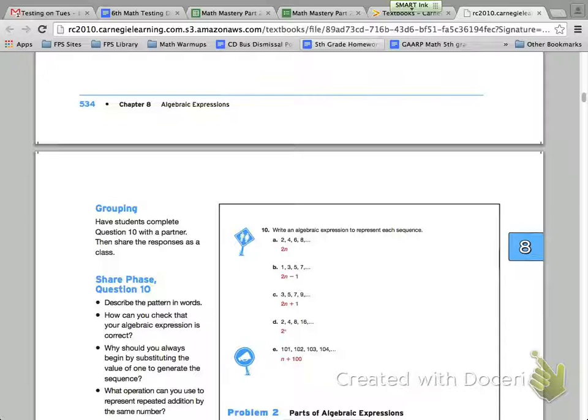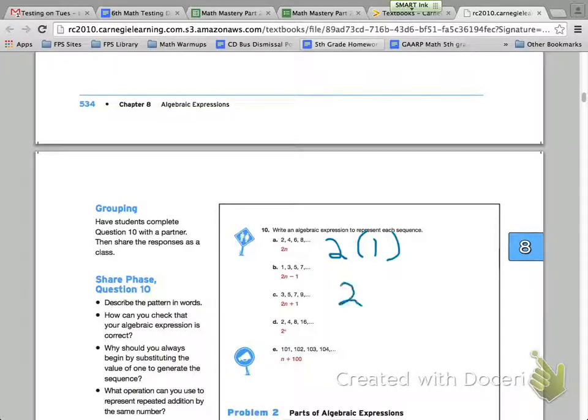So it goes 2, 4, 6, 8. An algebraic expression to represent that would be 2n, because if you multiply n by 2, so if we put 1 in for n, because that's the first number in the list, our product would equal 2.